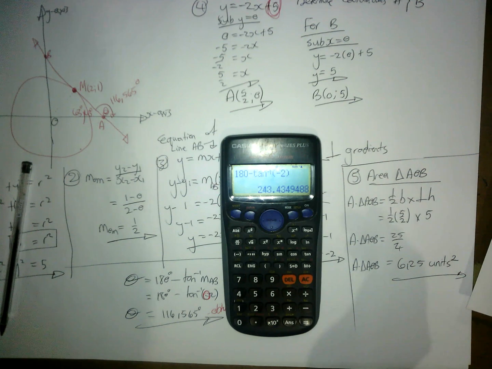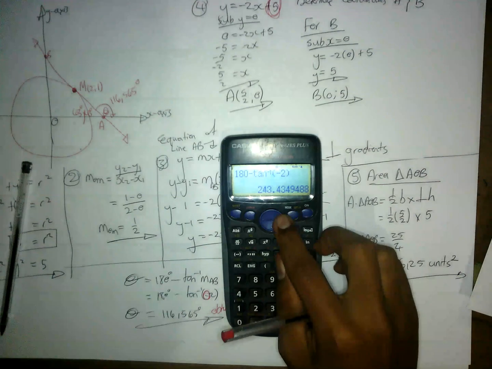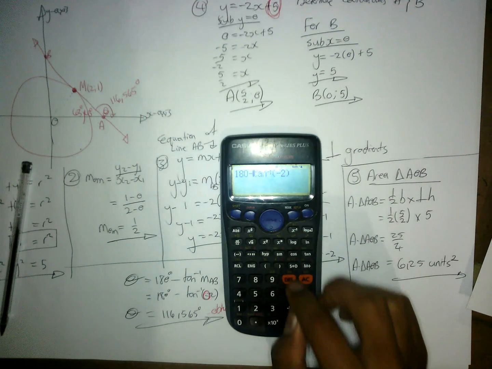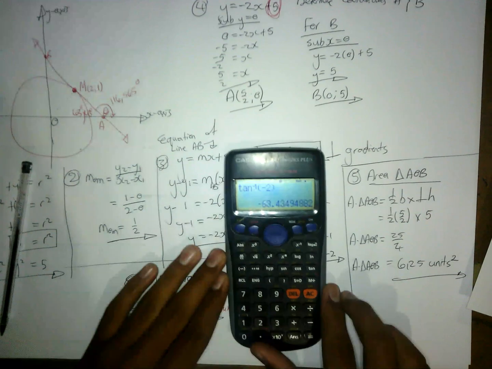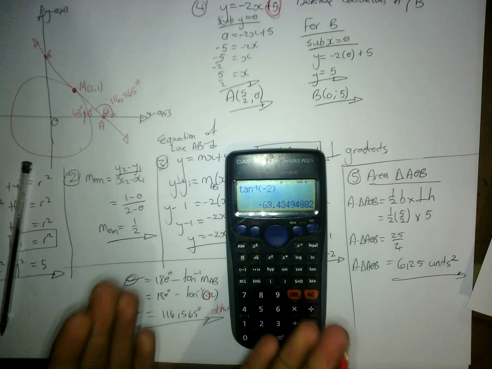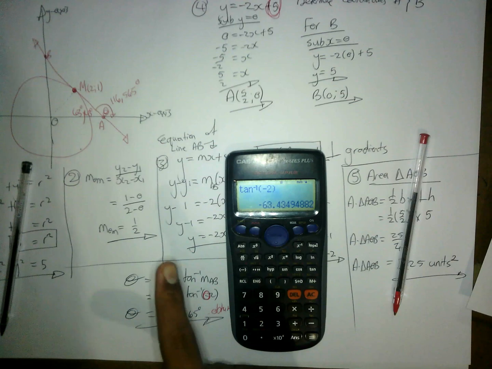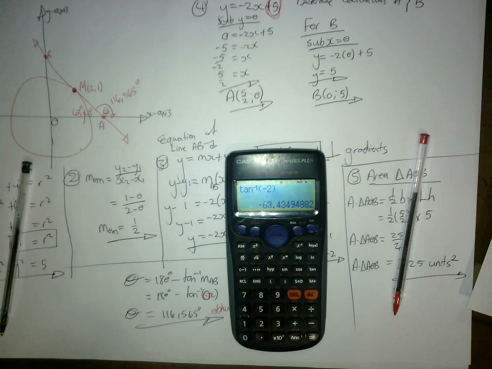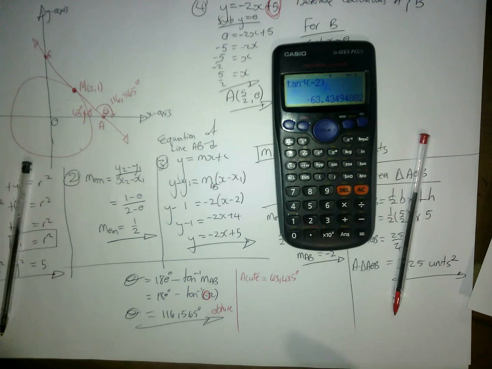And for the acute, we get negative 63. That also can't be, because it must be less than 90 degrees but positive. So this has to be incorrect. This is logical mathematics. But I will definitely find out why the negative can't be in there.